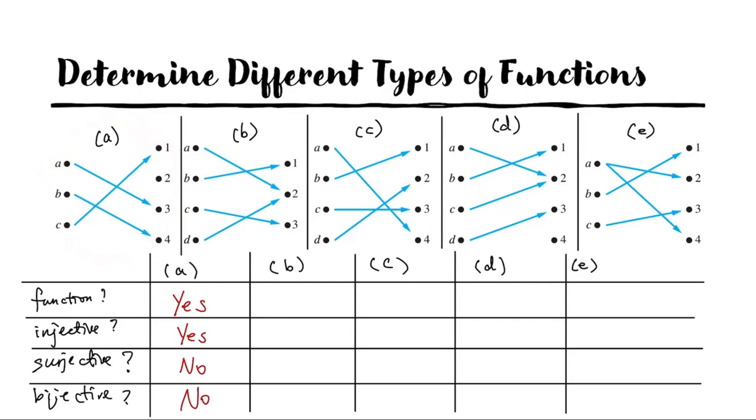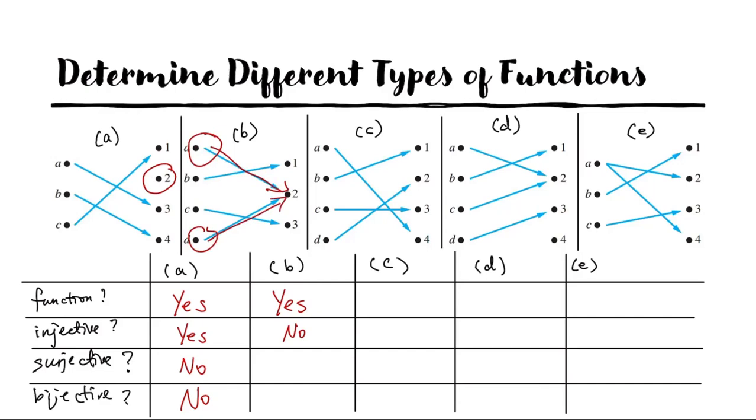Now, if you look at B, every input goes to somewhere, so it's a function. But is it an injective function? No. A and D go to the same output.